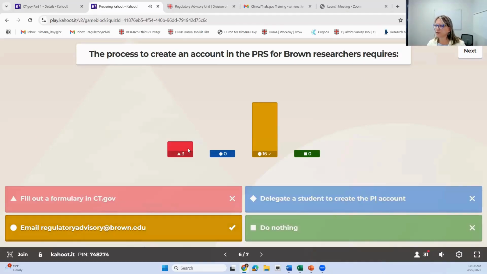Excellent. Email regulatory advisory. You don't fill out the form. We will help you. First of all, you need to email us, and then after that, we, the administrators, create the account. So for those that said fill out the formulary, that's not the right answer. The right answer is email us at regulatory-advisory@brown.edu.